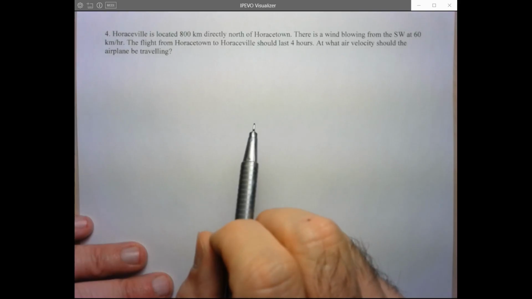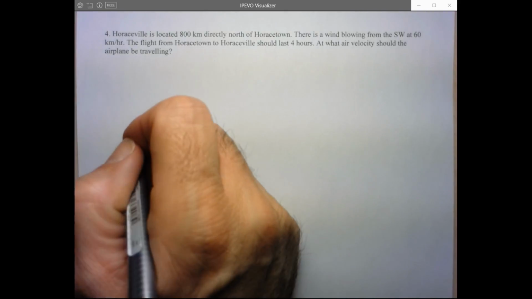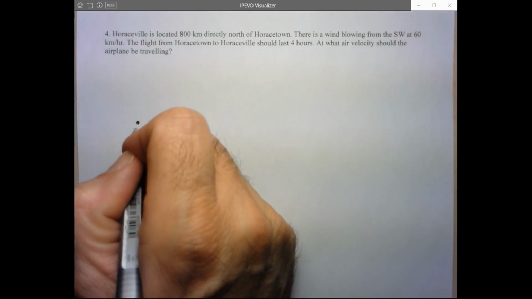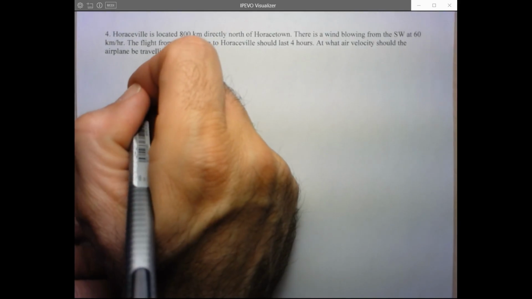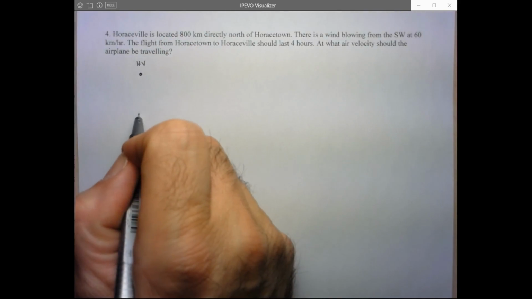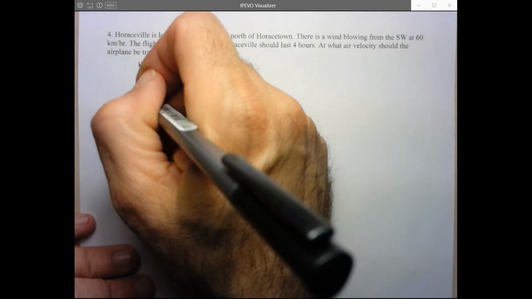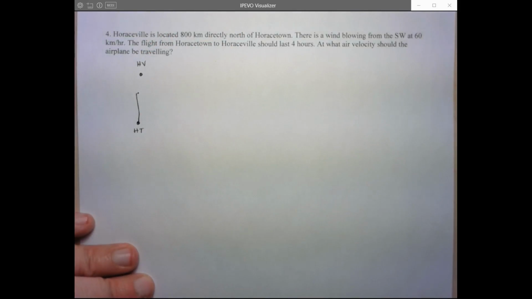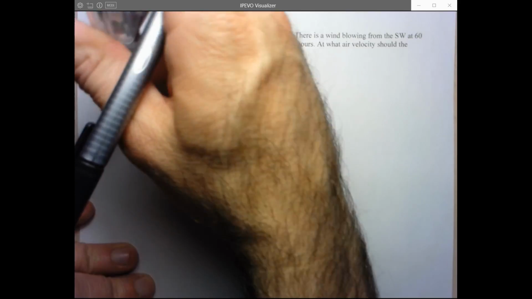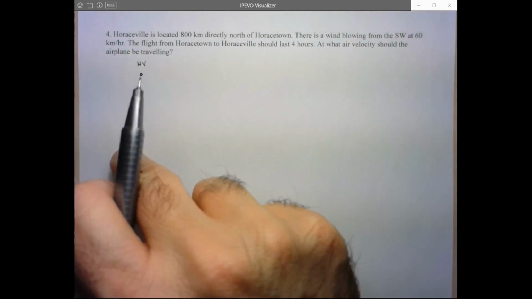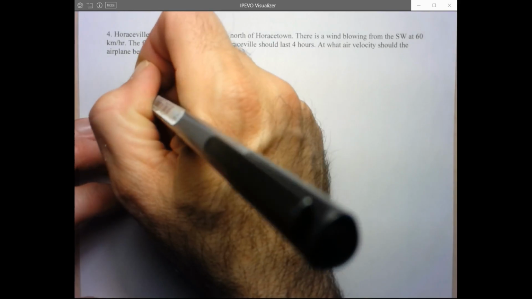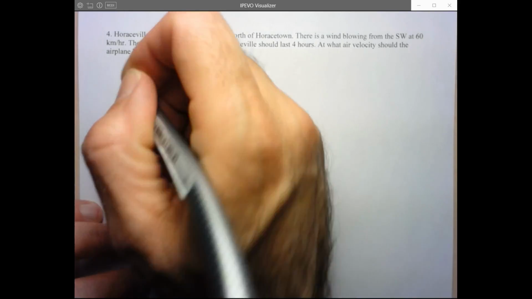What we want this plane to do is to go from Horace-town to Horaceville, which is directly north. So what we want is a vector that goes in that direction.